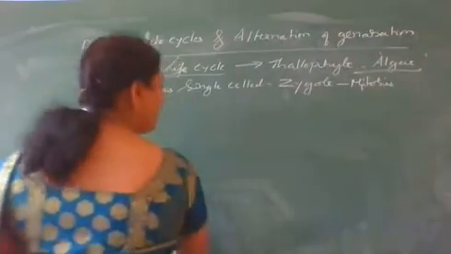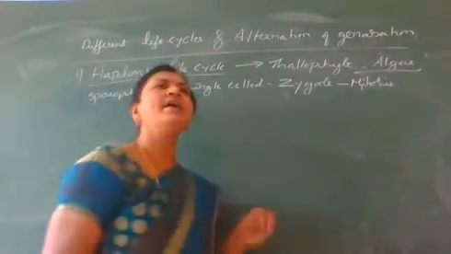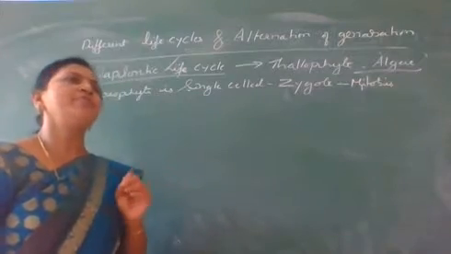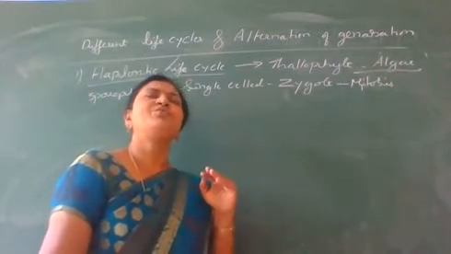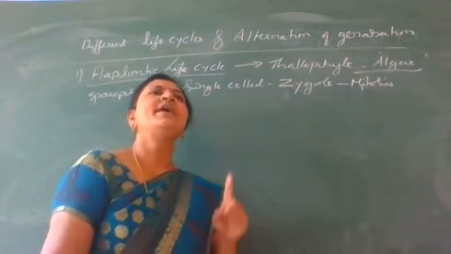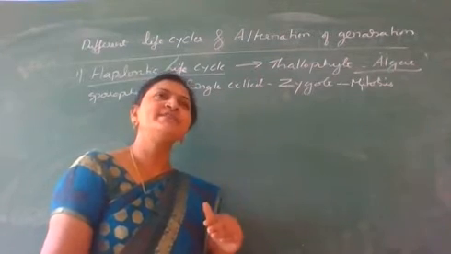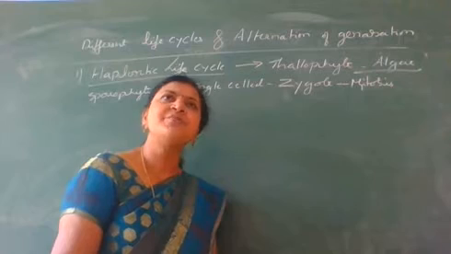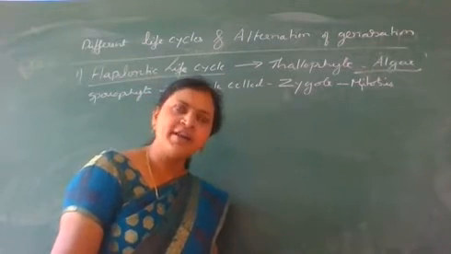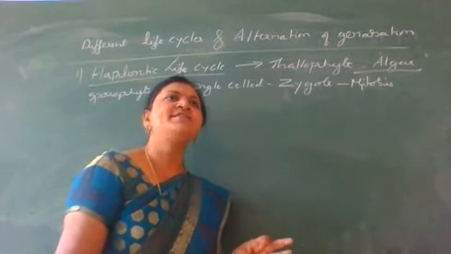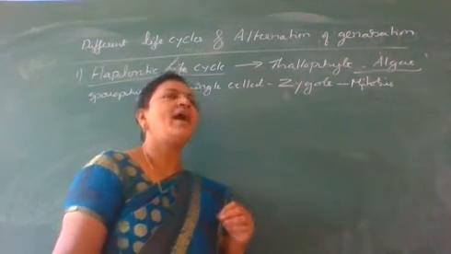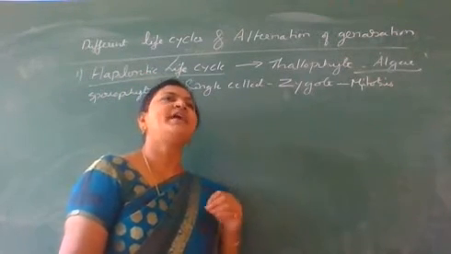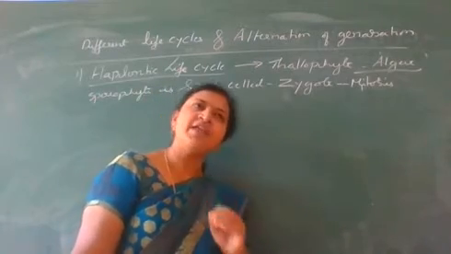What is haplontic life cycle? Haplontic life cycle is one where the haploid phase of the plant is very dominant, that is the gametophytic phase is predominant and long-lived, which is multicellular and photosynthetic in nature, and it is always independent and free living.